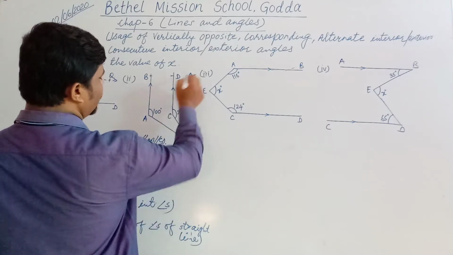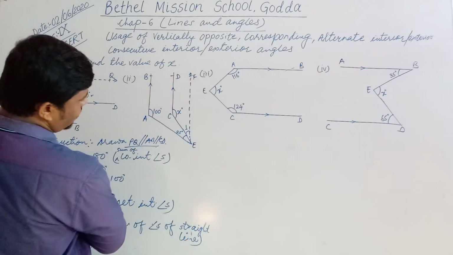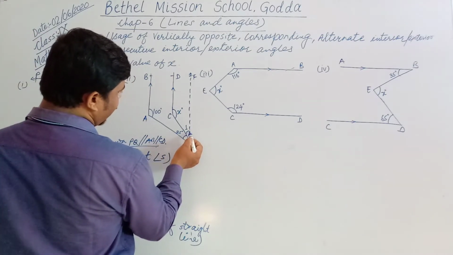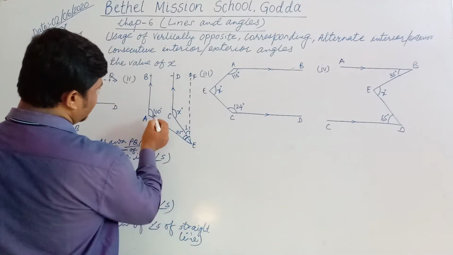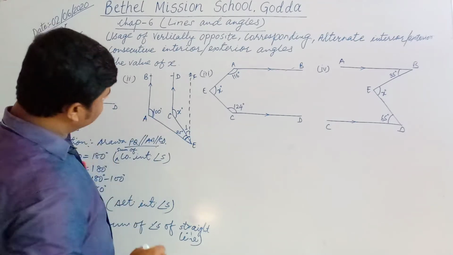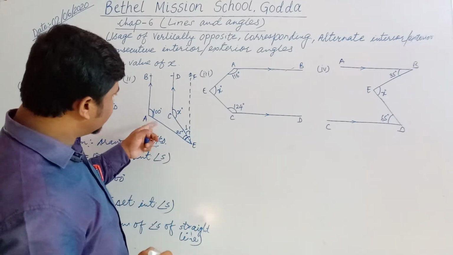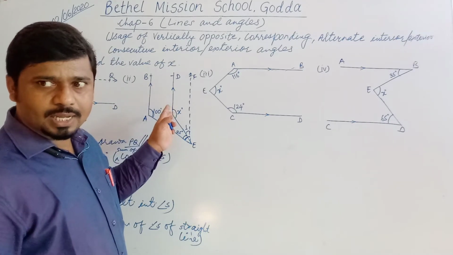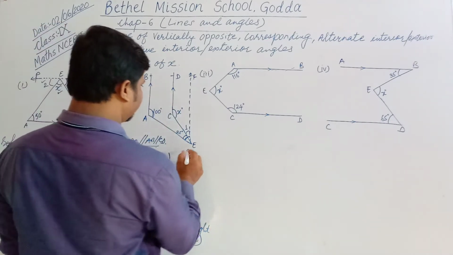AB is parallel to EF and AE is the transversal. Then this angle plus this angle equals 180 degrees because they are consecutive interior angles and their sum is 180 degrees.